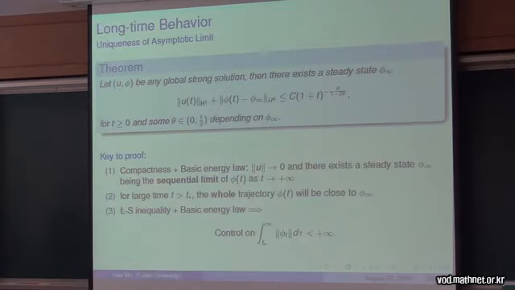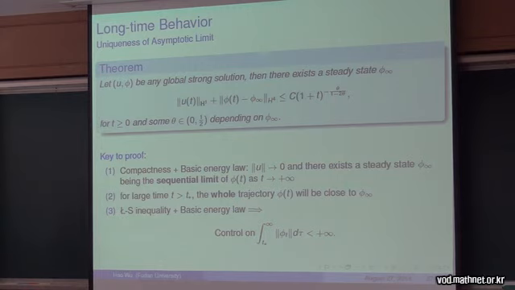Okay, the last result. We can show that for an arbitrary global bounded solution, the velocity will converge to 0, and there exists a function phi infinity such that the phase field function phi(t) will converge to it. And we can give an estimate on the convergence rate.